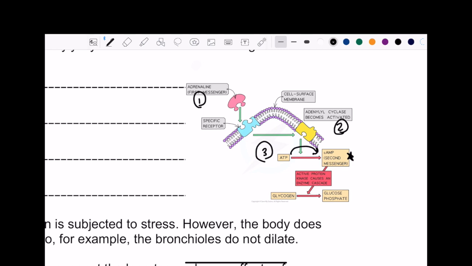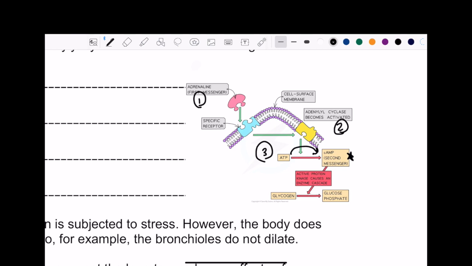Now, cAMP does something very interesting. Basically it activates protein kinase and causes an enzyme cascade. Now let's think about this here. We're in the liver cell. What do liver cells mostly do? We spoke about this in the question before. They do glycogenolysis, that's the word.